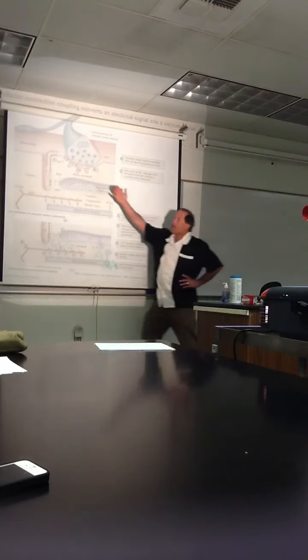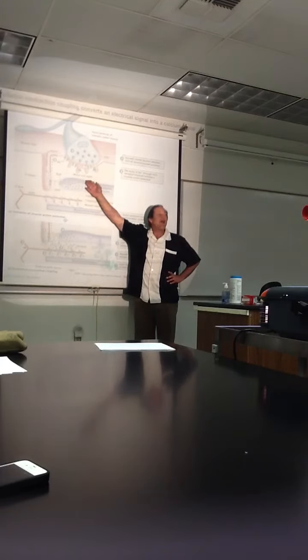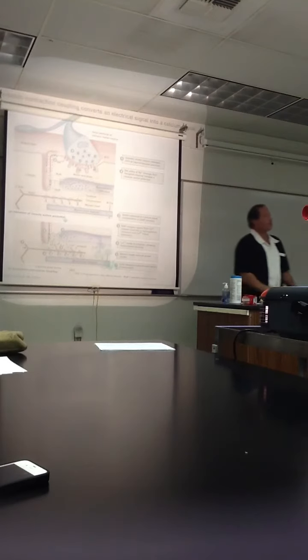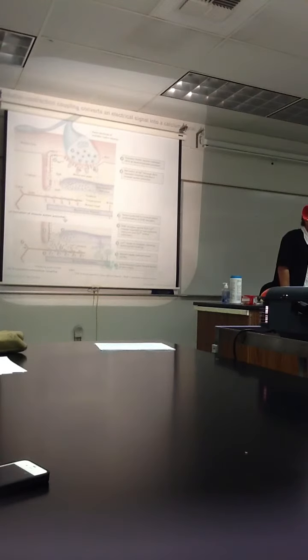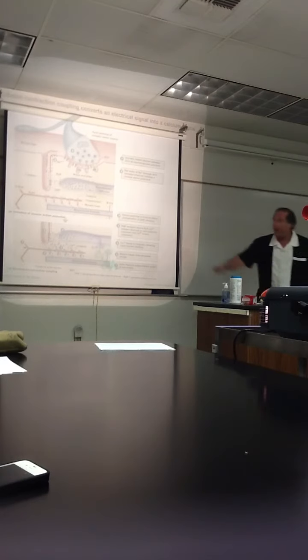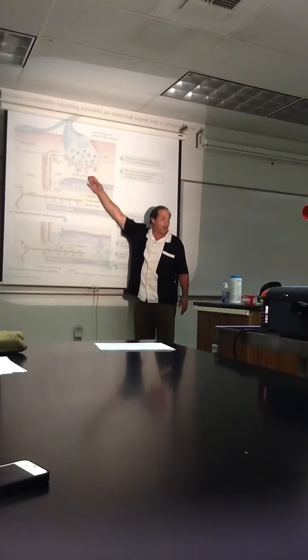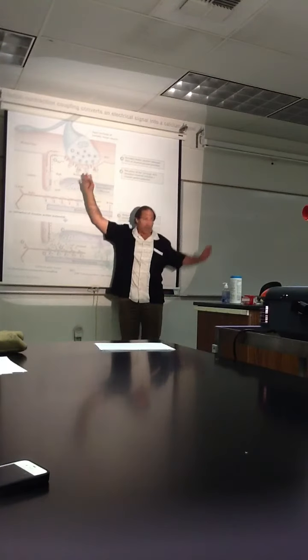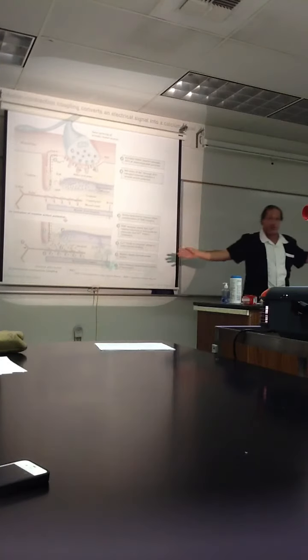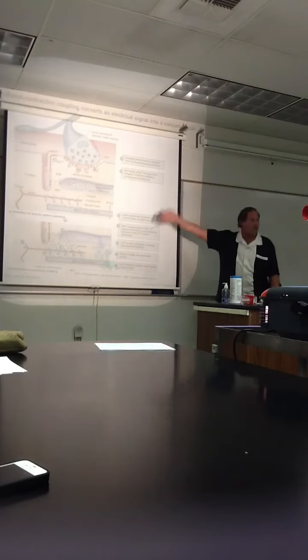Why do you always get an action potential here? How many voltage gated sodium channels are at the axon hillock? Many, yes? That's why you have it. Why do you have an action potential here all the time? There's a lot of channels here. It's no mystery. The reason why you always get an action potential is because you have a lot of channels.